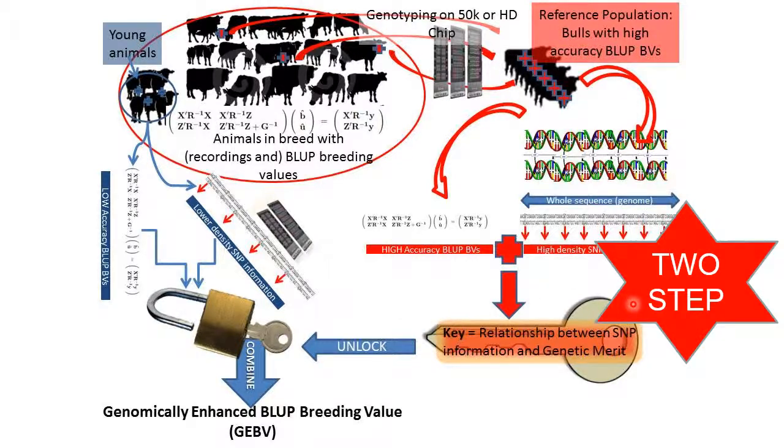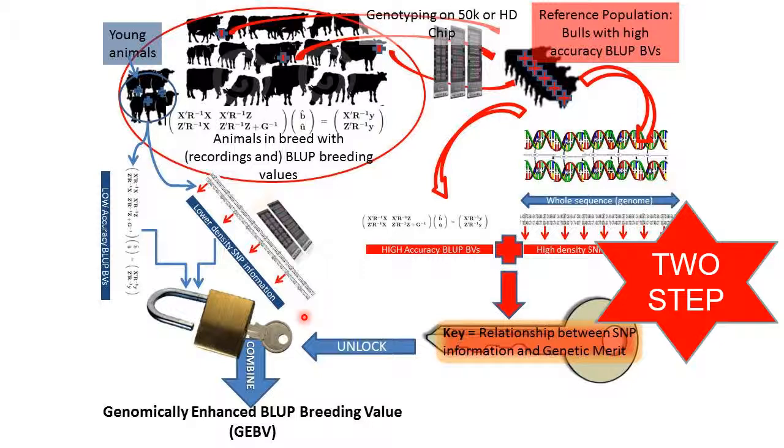Once you have the key, you can then genotype younger animals that you need to predict the breeding values for. Let's say a young bull that's a potential AI sire that you want to use. And so by having that genomic information and, let's call it, unlocking the genomic information of these young animals, you then get what we call a DGV, a direct genomic value.